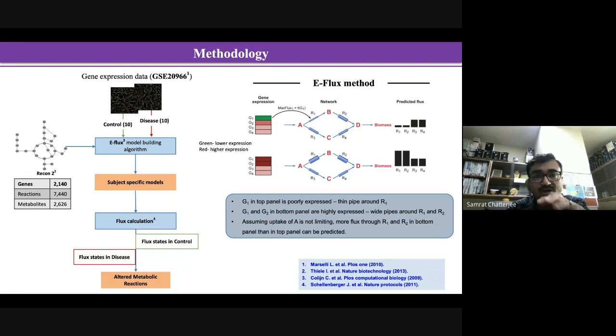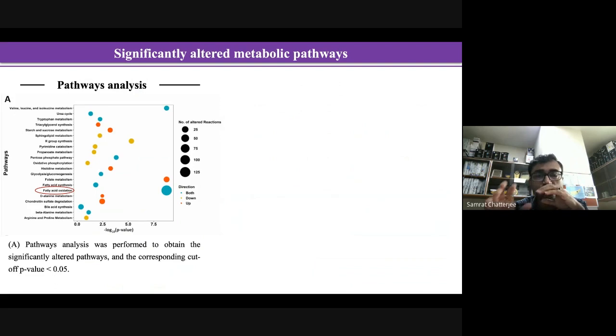The interesting thing I want to show here is that when we get that gene expression data, these models help us predict things at the metabolic level, which the biologist can't get from there. So you can see the importance of mathematical or computational models in this kind of biological field.